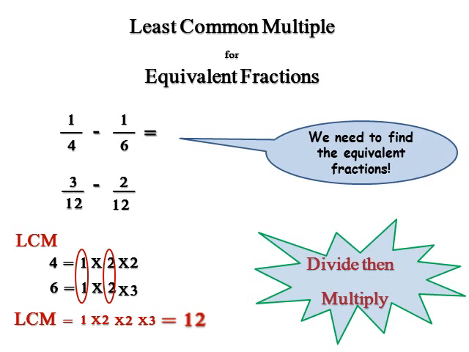So 1/6 and 2/12 are equal. As you can see, the new fractions now have the same denominator of 12, so you can directly subtract them. 3 minus 2 is 1 over 12. That's the answer to your question.